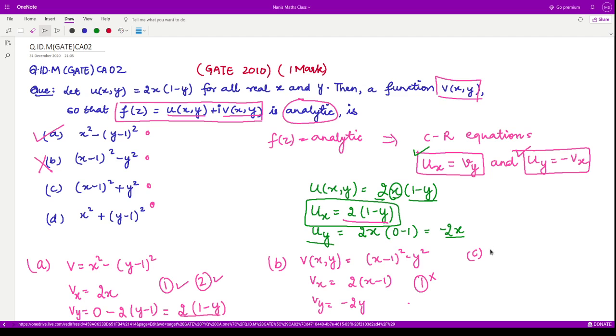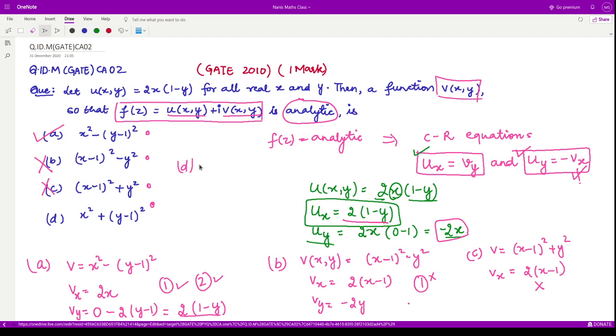The third option says v is given to be x minus 1 whole square plus y square. Let us calculate v x. It would be 2 into x minus 1. Now this v x is not equal to minus u y, so this condition is not satisfied. Therefore option C is also not correct.